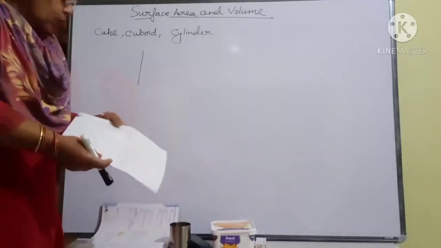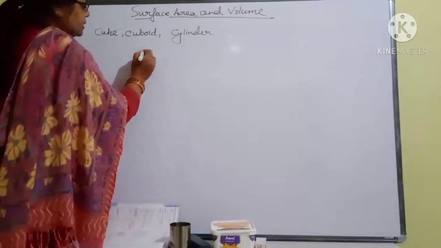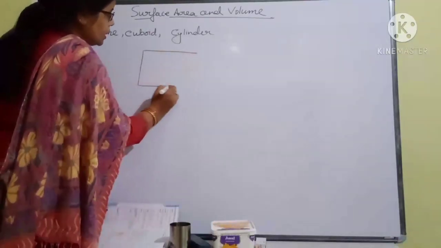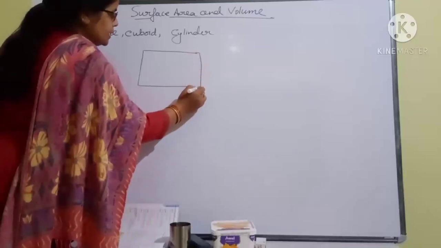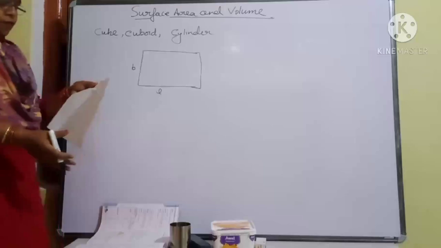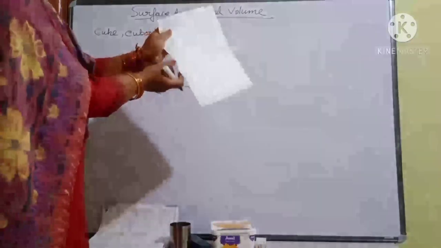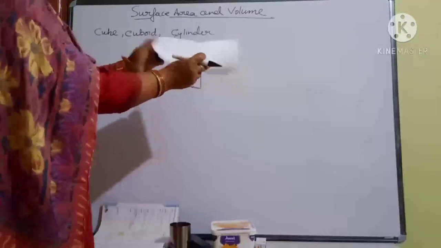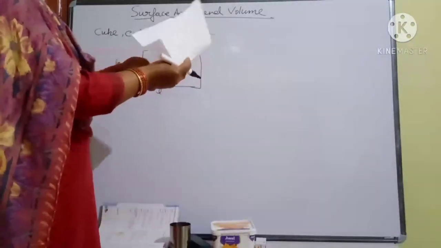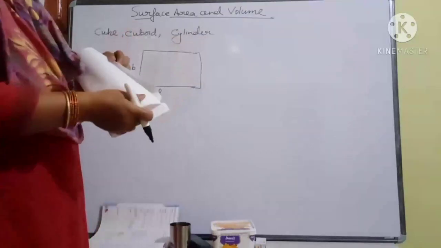If I take a rectangular sheet, and its length is L and this is its breadth. If I fold it along its length, see that this length is folding. So if I am folding this rectangular sheet along its breadth, what kind of object are we getting?